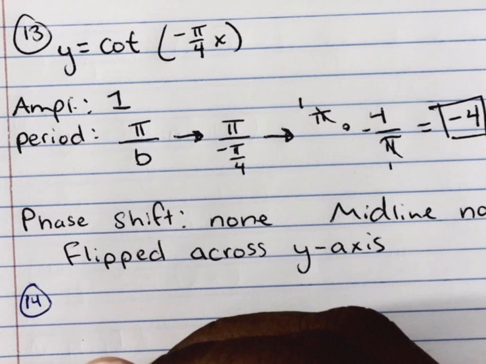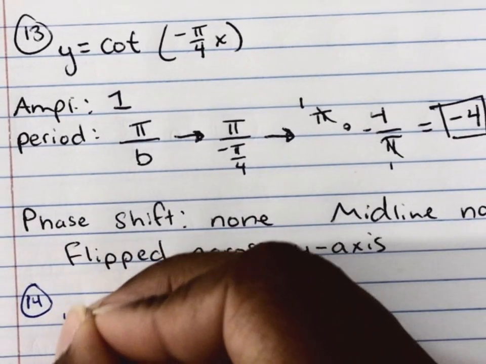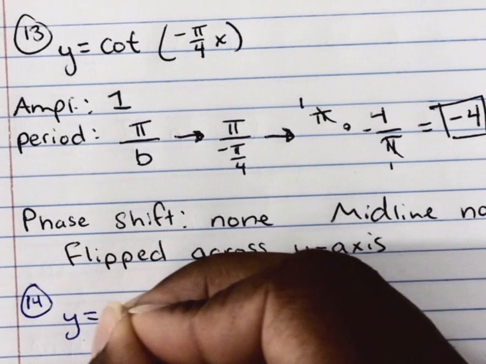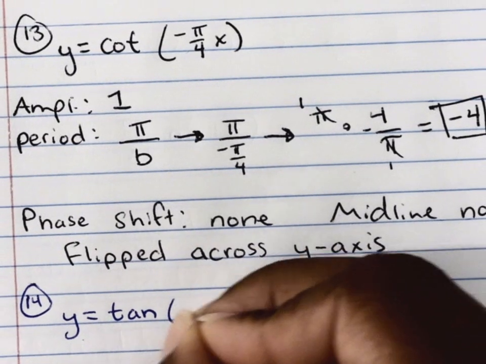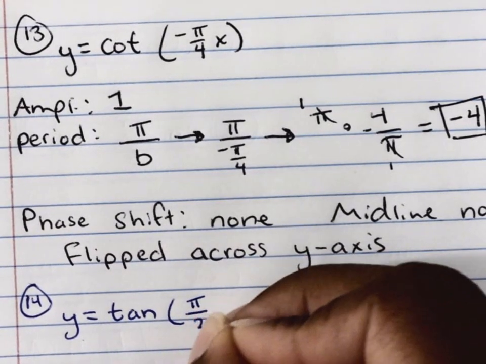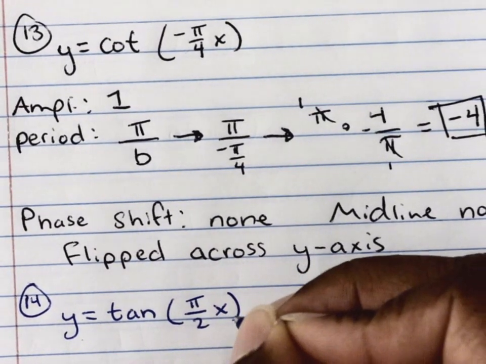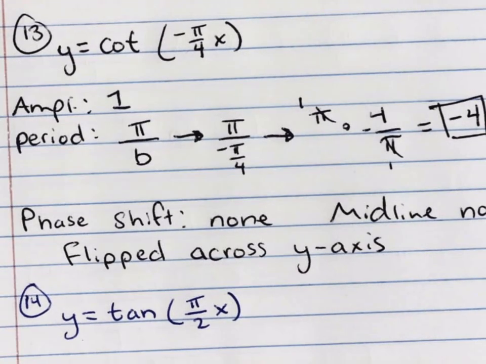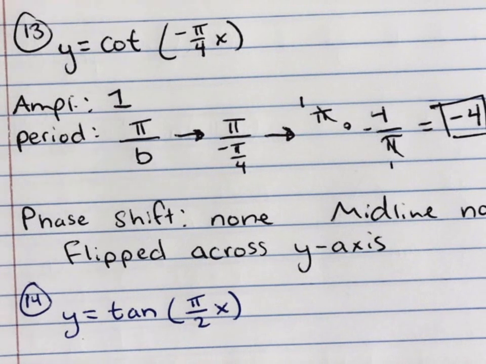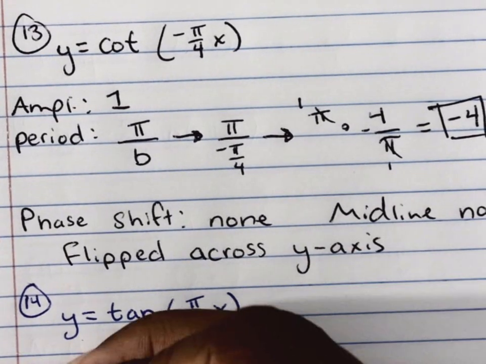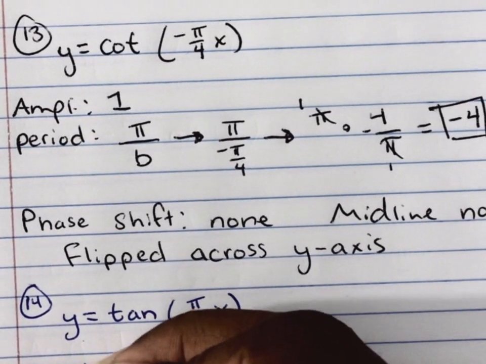14. Y equals tangent pi over 2x. Amplitude is 1.